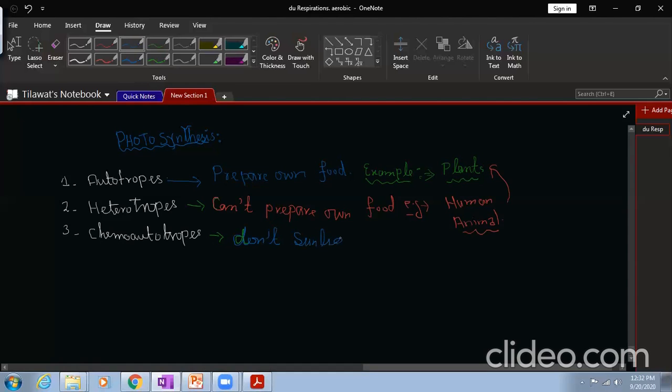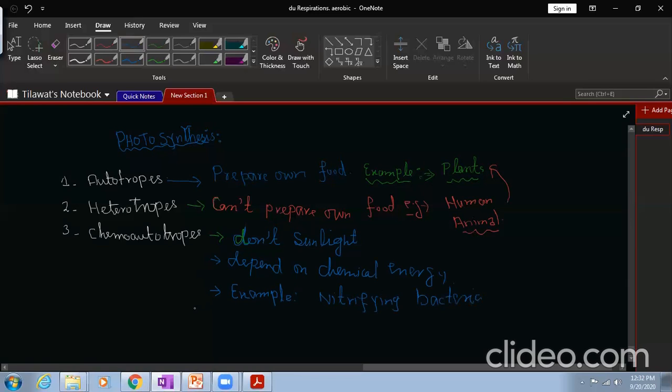They are autotrophs, but they don't depend on sunlight. They depend on chemical energy. For example, nitrifying bacteria in the nitrogen cycle.